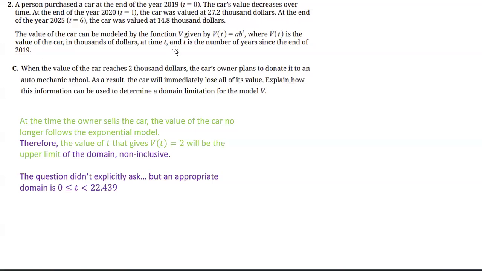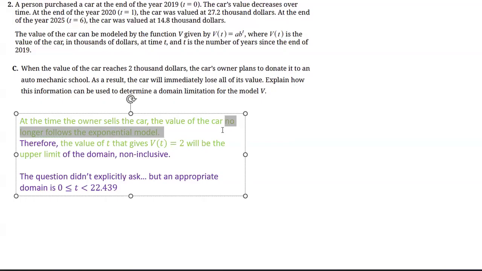So the value of the car follows the exponential model, but it says that the car will immediately lose all its value when the value of the car reaches $2,000. So after it reaches $2,000, it's no longer going to follow the exponential model.